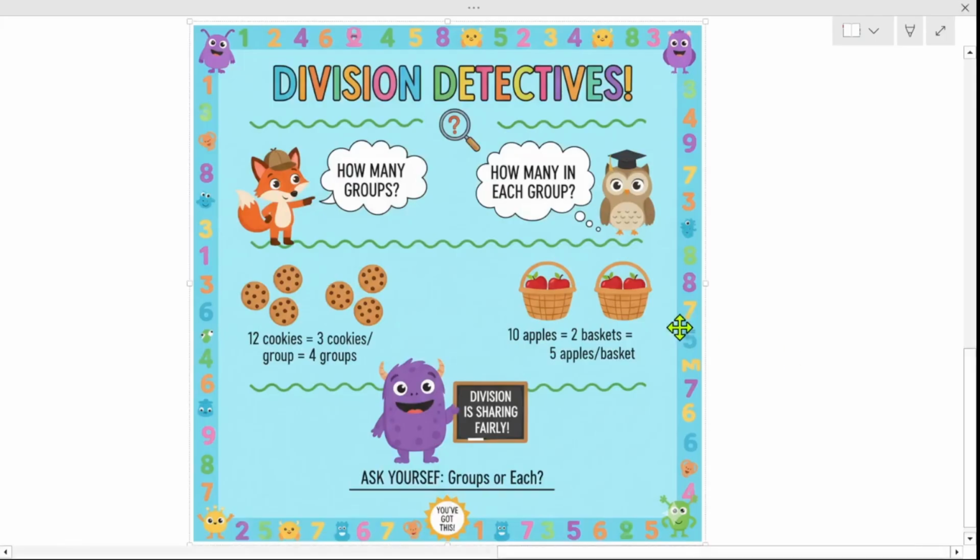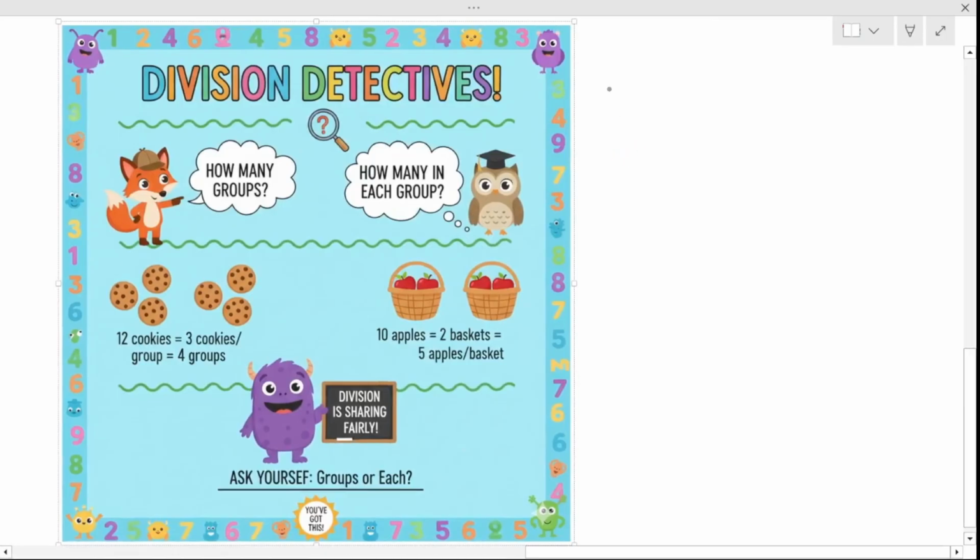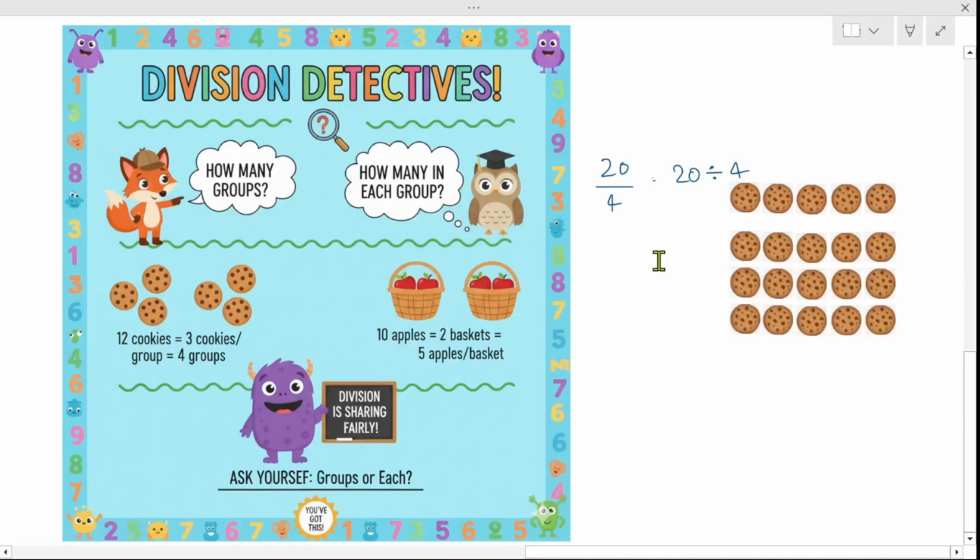When we say the concept of division, the first thing that comes to our mind is sharing or dividing equally. Let's say, for example, 20 divided by 4, which can also be written with the division symbol as 4 into 20. What does this mean? If you have around 20 cookies, what can this division by 4 mean?